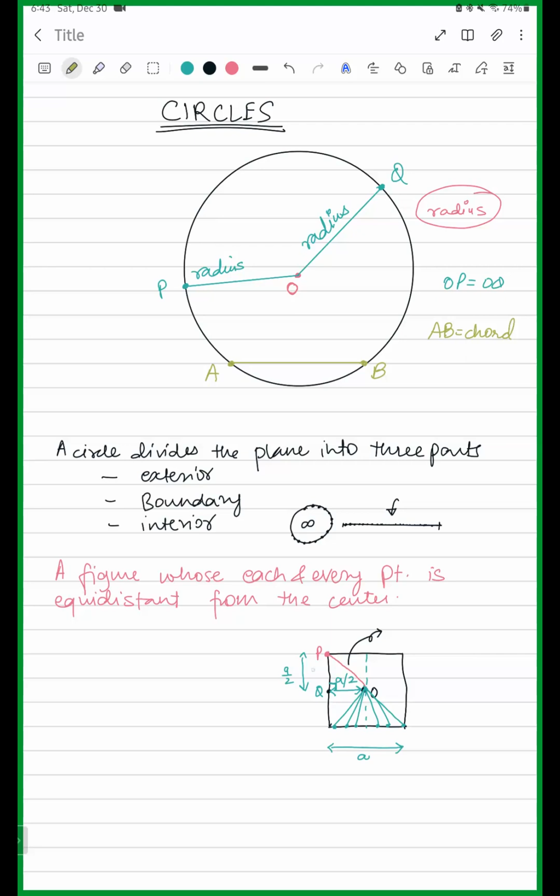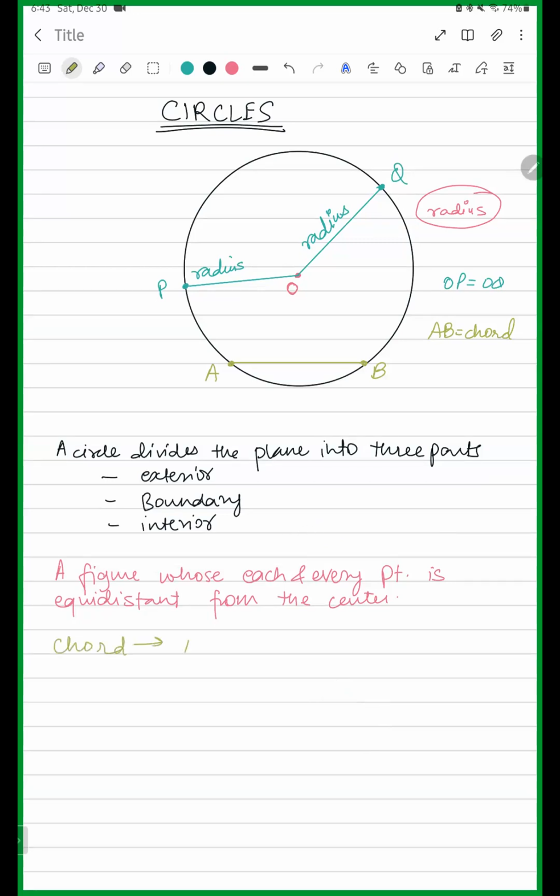Definition of chord. Let's see what a chord actually means. How can you define it? A chord is a line segment joining any 2 points on the circle. And remember, this is on the circle.